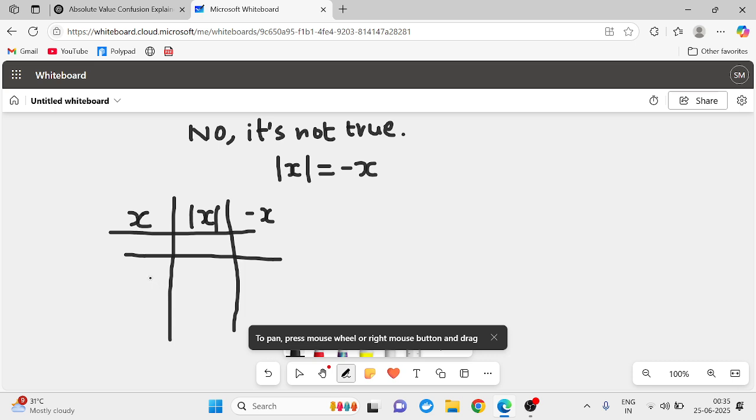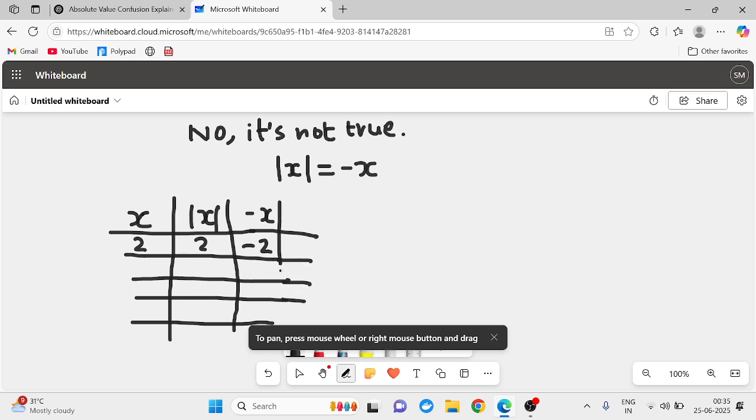Let's substitute a couple of values so that we understand better. Say if I put 2, this will be 2 and this will be minus 2. And here I'll put a tick or cross showing whether it's true or not. It's not true because 2 cannot be equal to minus 2.